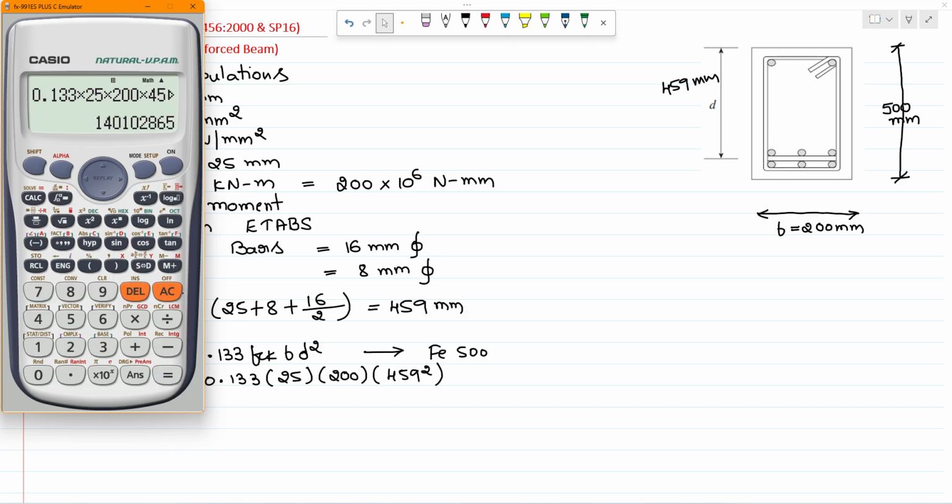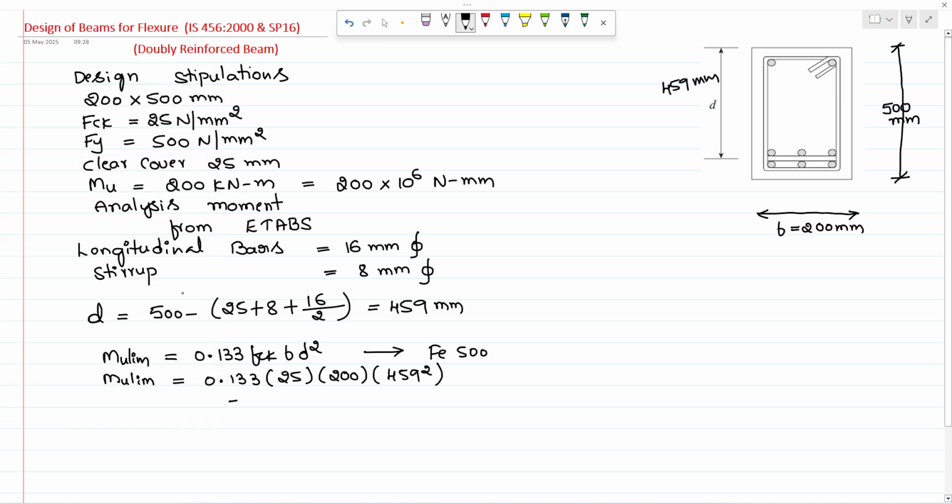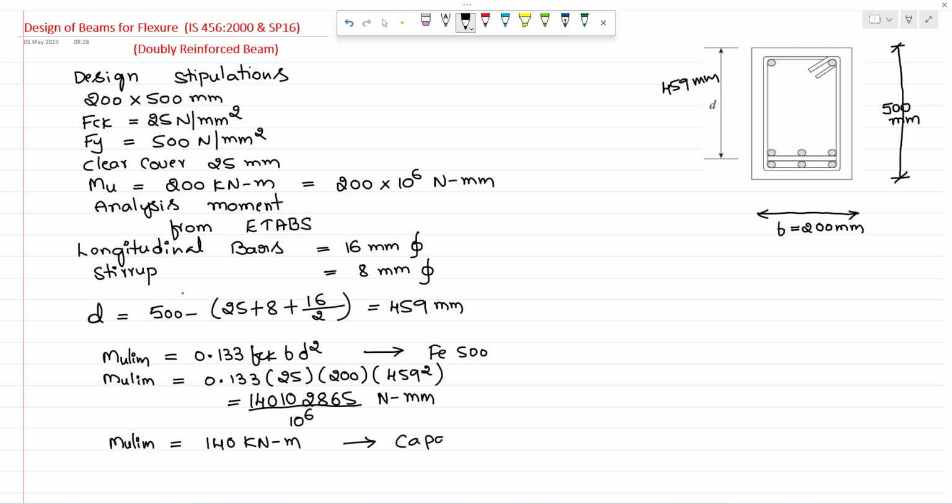So it will be 140,102,865 Newton millimeter. So Mu limit, dividing this by 10 power 6, will be 140 kilonewton meter. This is the capacity of the section.